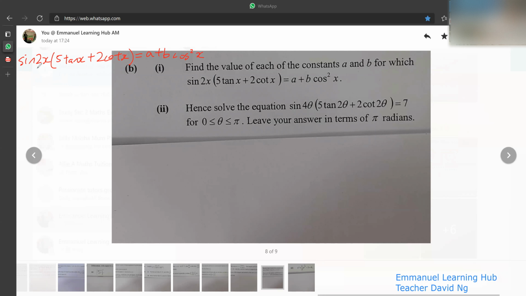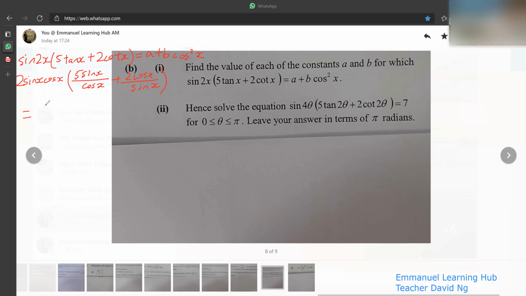So your sine 2x is 2 sine x cos x. So we have this. Let's work on the left-hand side.